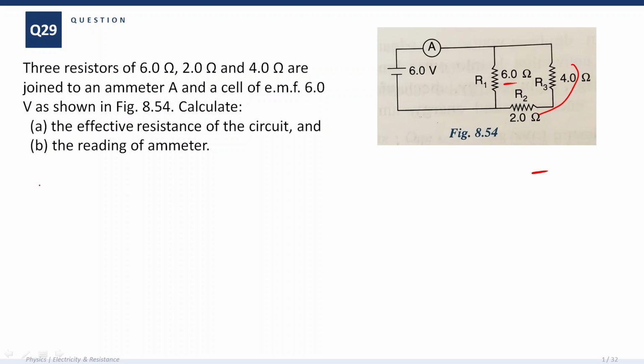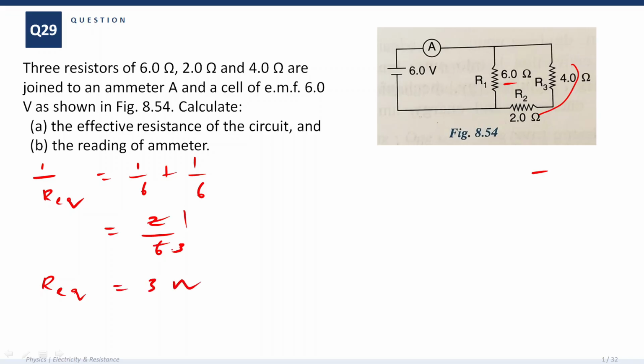Then I will find the equivalent resistance first. 1 by R equivalent equal to 1 by 6 plus 1 by 6, that is 2 by 6. R equivalent equal to 3 ohms. So finally R equivalent equal 3 ohms. And there is no resistance of ammeter, I mean internal resistance of the battery.